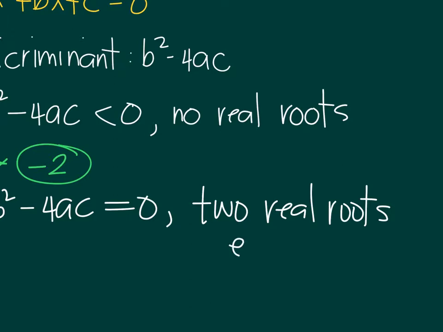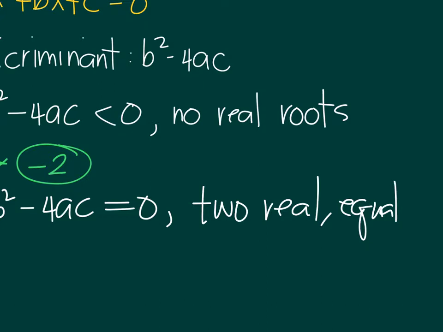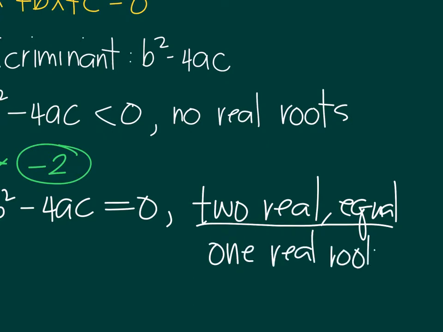Let's just add the note that we have two equal real roots. Two real, and at the same time they are equal. Now this statement can be simplified as just one real root.